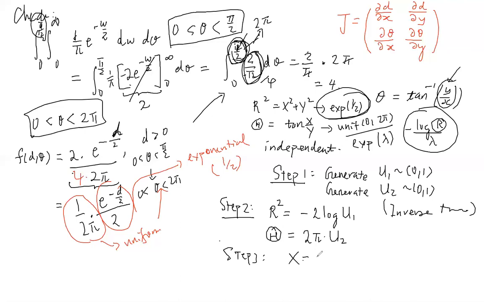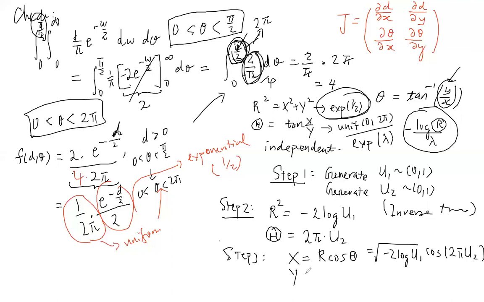Right, so your x is r cos theta, right? Okay, so your r is a square root of -2 log of U1, and your theta is that, so you have cos 2 pi U2, okay?